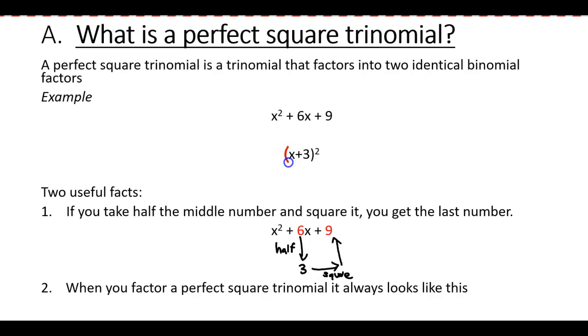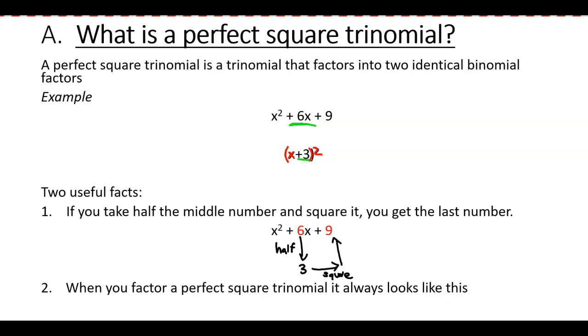It will always have these things there, the x with parentheses and the square. The only thing that we're ever going to have to figure out is this number right here. That number is always going to be half of the middle number. So half of 6 is 3. So that's how you could do that.